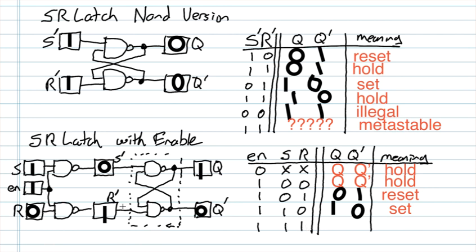My 1, 1, that's going to be my danger zone. So remember, if I went to 1, 1, these act like inverters, so I get zeros, and two zeros on S prime, R prime gives me this 1, 1. Which is my illegal state.